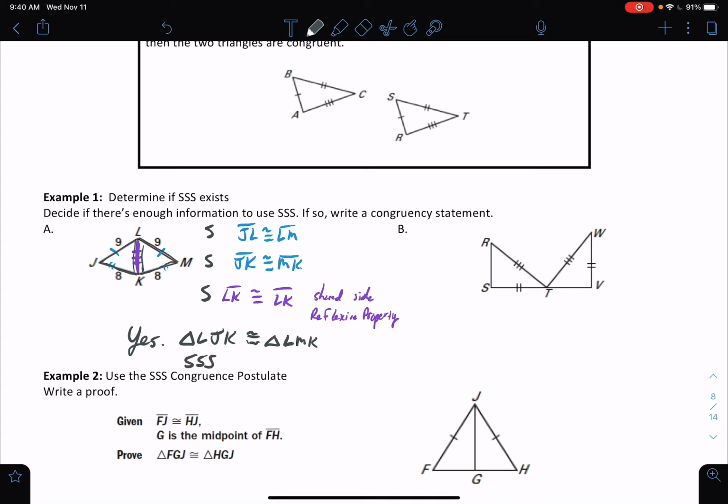All right, what about an example 1B? Well, we've got two sides that are congruent. We've got ST congruent to WV, and we have RT congruent to WT. All right, but what we don't have are these third sides. Okay, is there any way RS is congruent to TV? Is there any way we can say that?